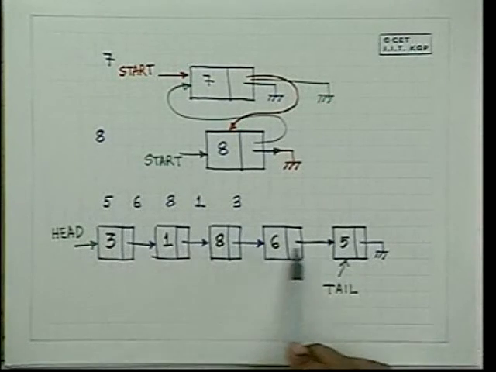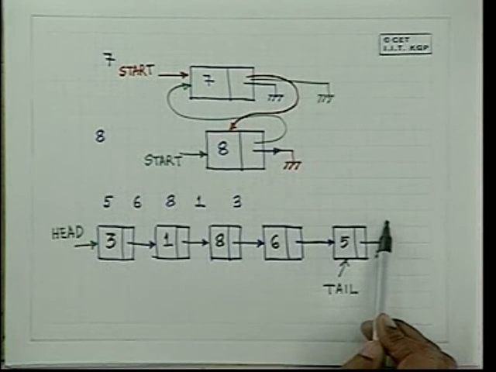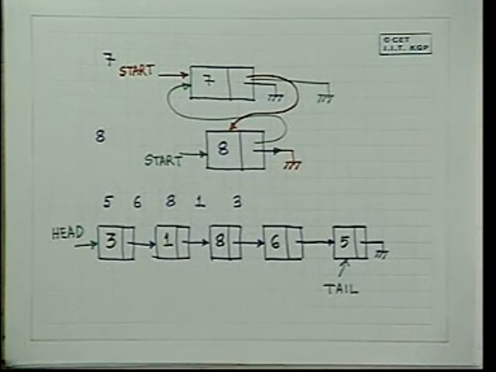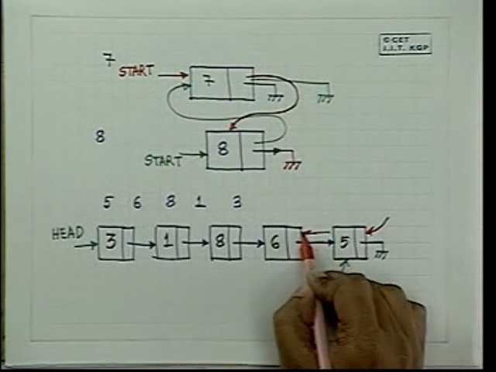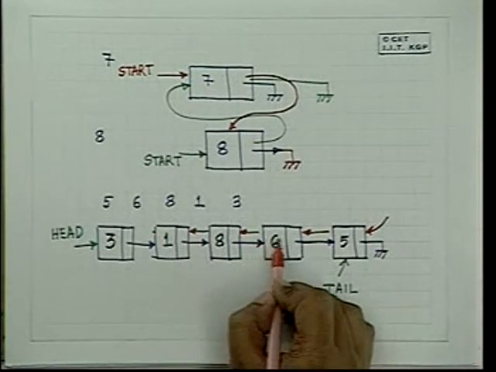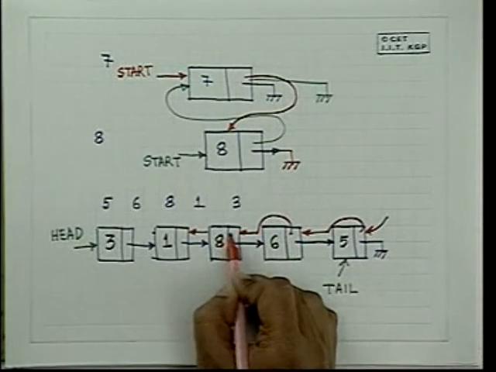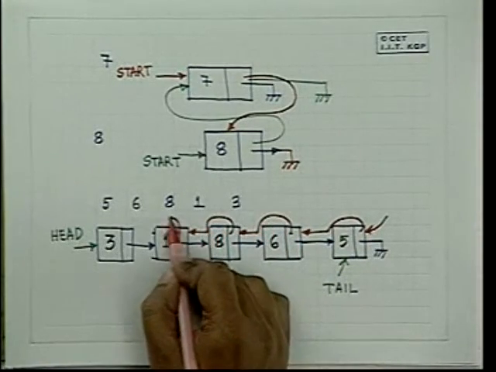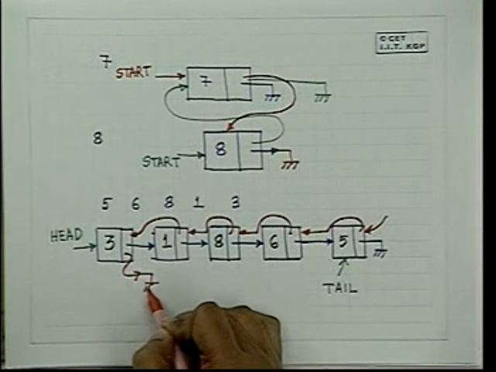That is, if I give you this linked list as input, could you make it such that the head now points here, and all the elements are reversed, all the links. That is, this one is now here, this one is now here, and this one is grounded.